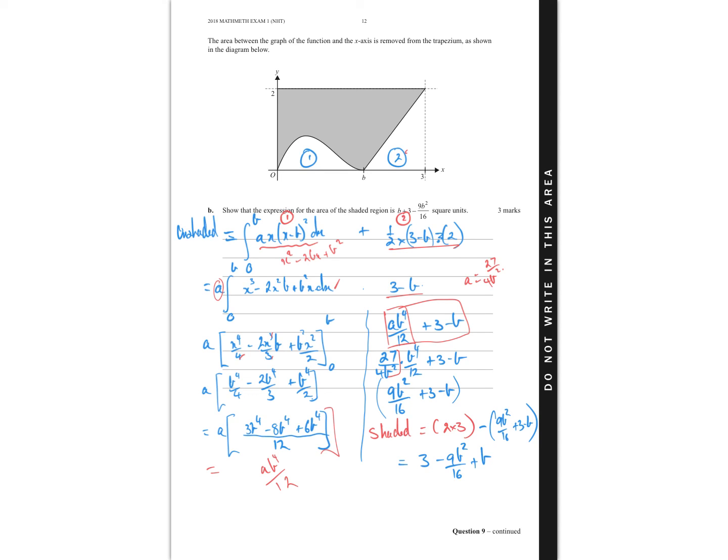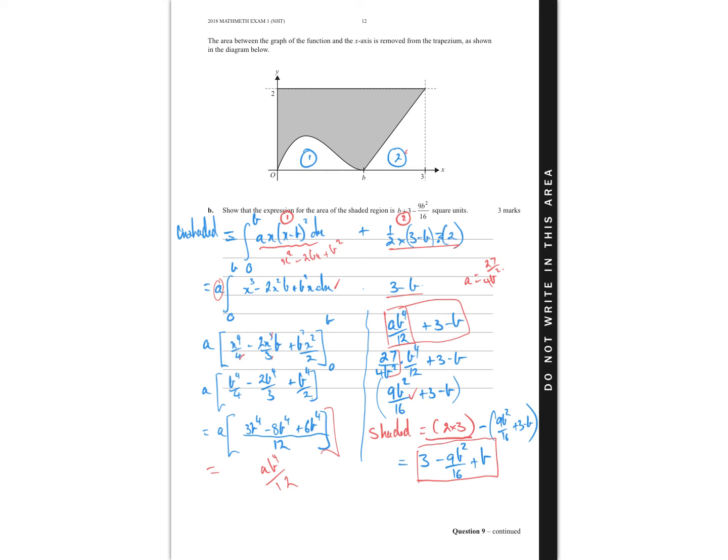We get a few things cancelled out. 4 goes into 12, 3 is a common factor of 12 and 27, and b squared into b to the 4. So I get 9b squared on 16 plus 3 minus b. That's the whole unshaded region. The rectangle in the shaded region will be 2 by 3, which is the rectangle that you would get. Subtract that unshaded region. So 6 minus all of that will give me that expression there.